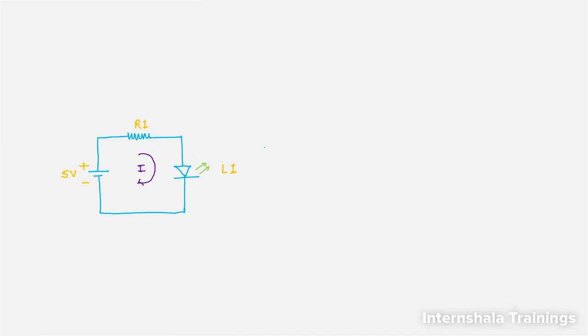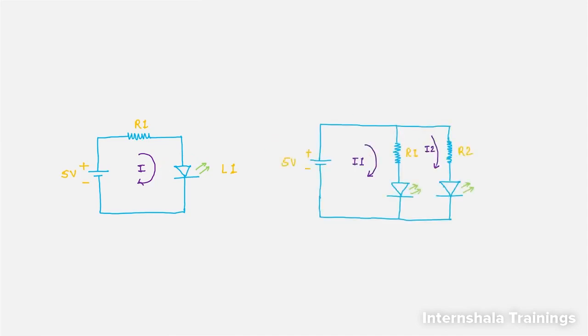Now let me give you one more example. In this circuit, there are two branches. In the first branch, resistor R1 is connected, and in the second branch, resistor R2 is connected. Based on the values of R1 and R2, it will be decided how much current will flow through each branch.